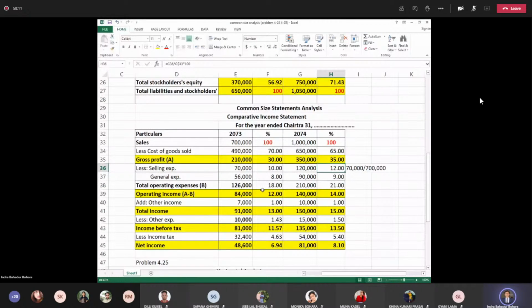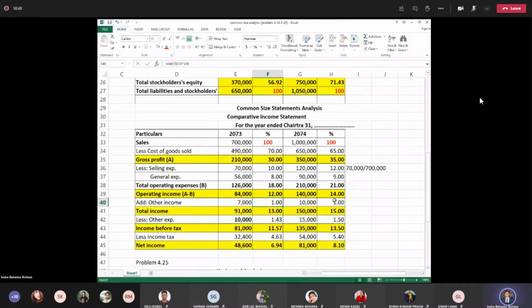And operating income also increased by 2%. So income from operation of the business increased by 2%. It is also better. So the company has a better position in the current year in comparison to the previous year.